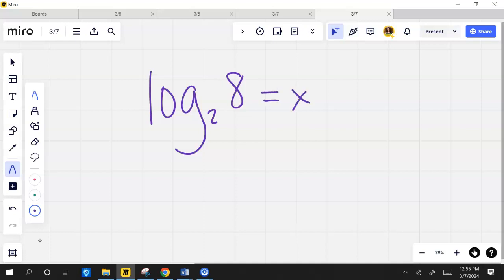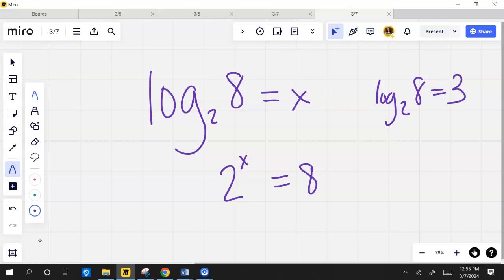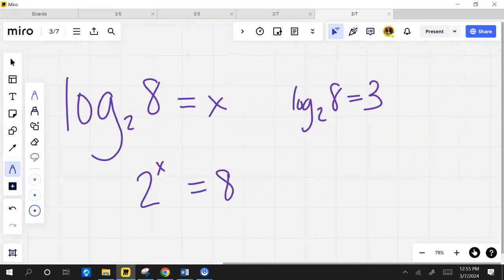What is x? X is 3. Why? 2 to what power gives you 8? So x would equal 3. That's exactly right. Or log base 2 of 8 equals 3. How would I then write that in exponential form?